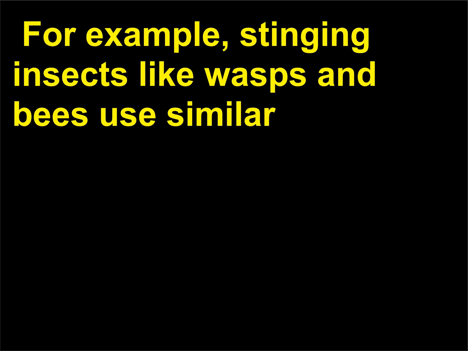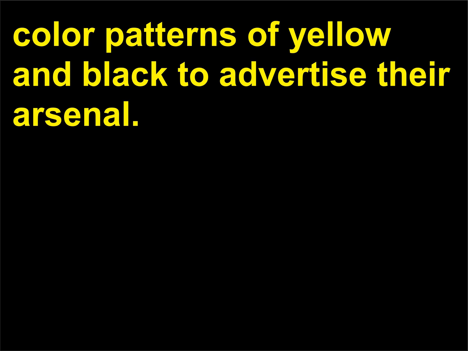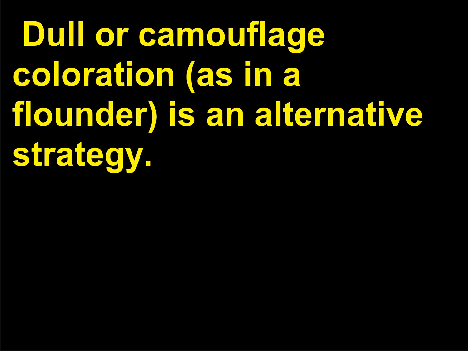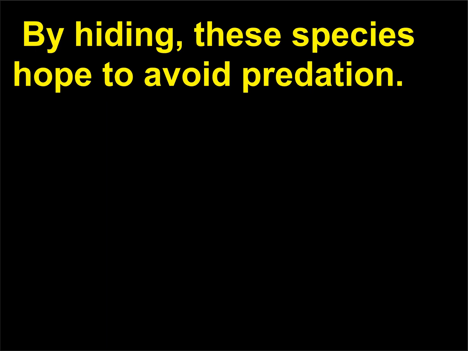For example, stinging insects like wasps and bees use similar color patterns of yellow and black to advertise their arsenal. Poison dart frogs, family Dendrobatidae, also use bright coloration in this way. Dull or camouflage coloration, as in a flounder, is an alternative strategy. By hiding, these species hope to avoid predation.